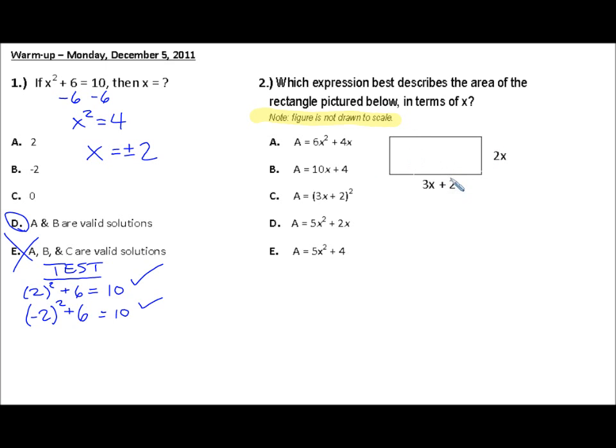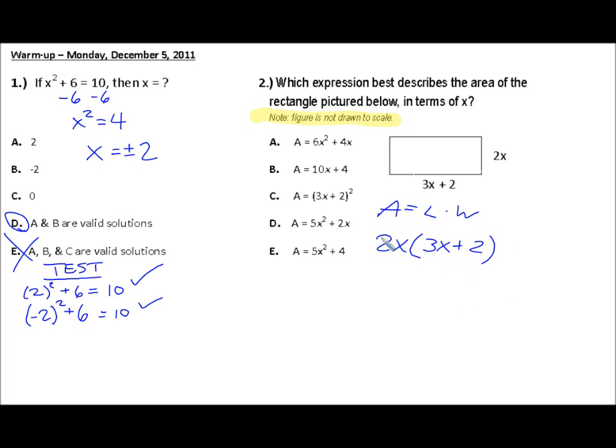So remember that for a rectangle, area is just length times width. And to be honest, it doesn't matter which side you call the length and which you call the width. So we have to multiply these two things together. 2x times quantity 3x plus 2.